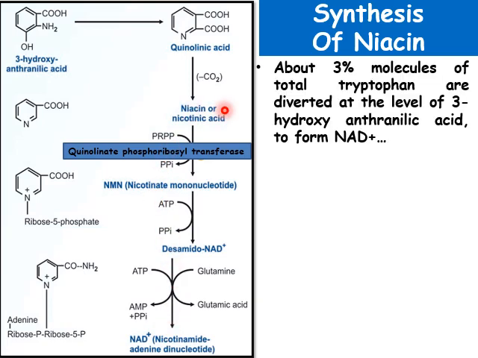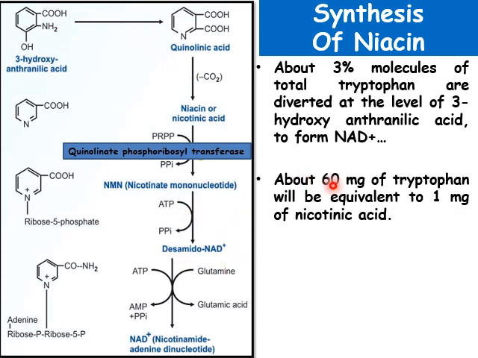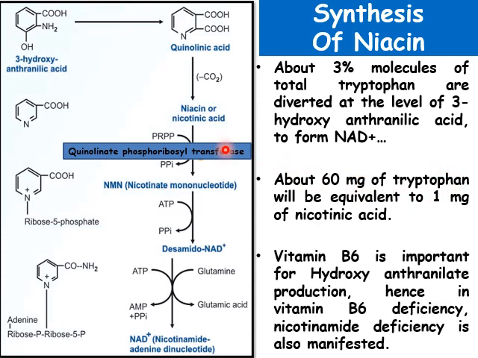Now about 3% of the total tryptophan that we are taking is diverted at the level of 3-hydroxyanthranilic acid to form this NAD plus. About 60 mg of tryptophan is required to produce 1 mg of nicotinic acid, and for that vitamin B6 is important.